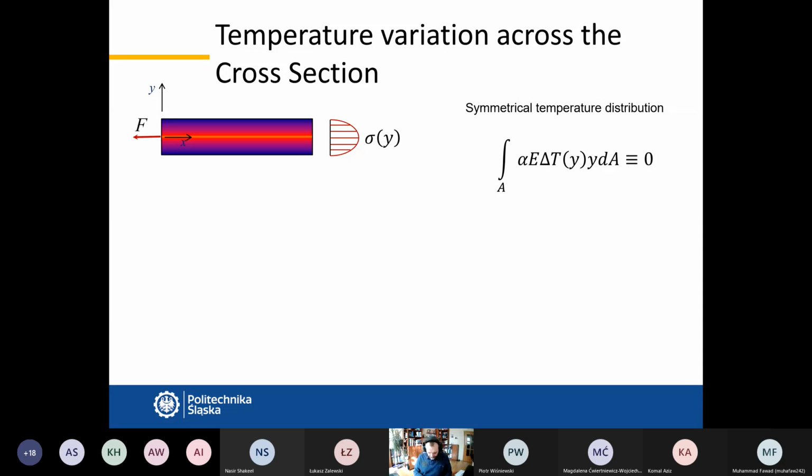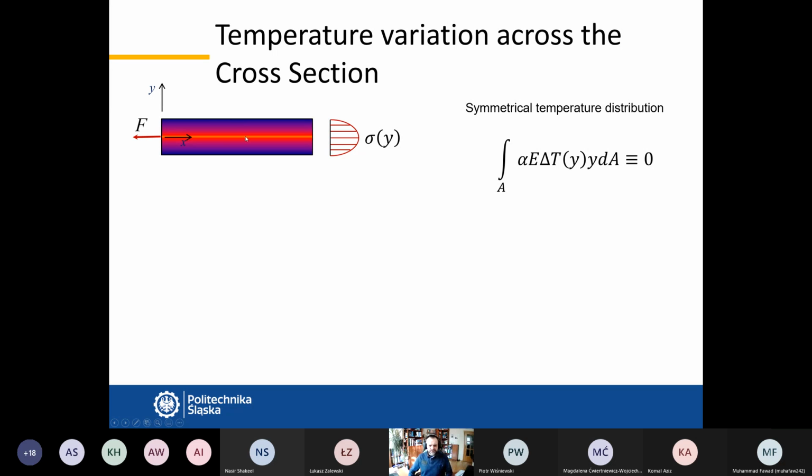We will discuss now a case where the temperature distribution is symmetrical. So the axis of symmetry is x, and we have the same temperature at the same distance from the axis of symmetry. So let's say 5 millimeters above and 5 millimeters below the axis, we have exactly the same temperature.